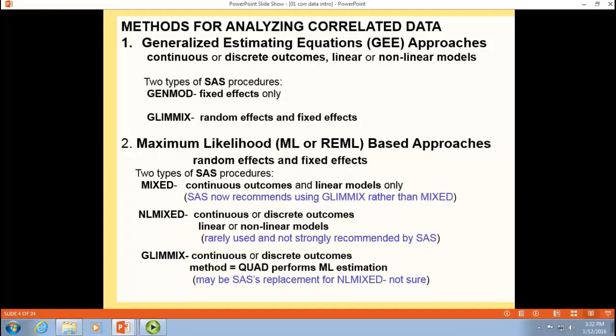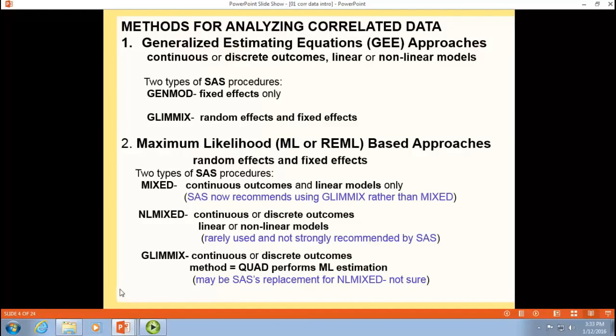It turns out that the MIXED procedure is essentially a maximum likelihood approach. The NLMIXED procedure, which, as I say here, is rarely used and not strongly recommended, is also a maximum likelihood approach, but we're not going to get into it because it's not as good as some of these other ones. And then it turns out that GLIMMIX has an approach that's a GEE version and a maximum likelihood version of GLIMMIX.